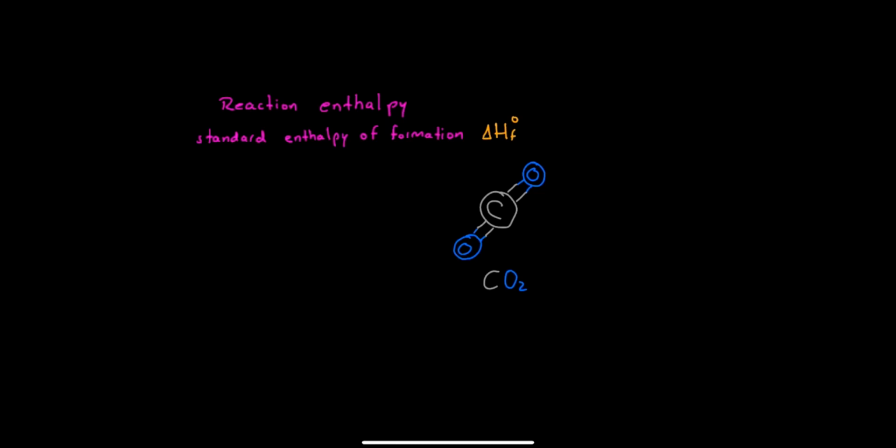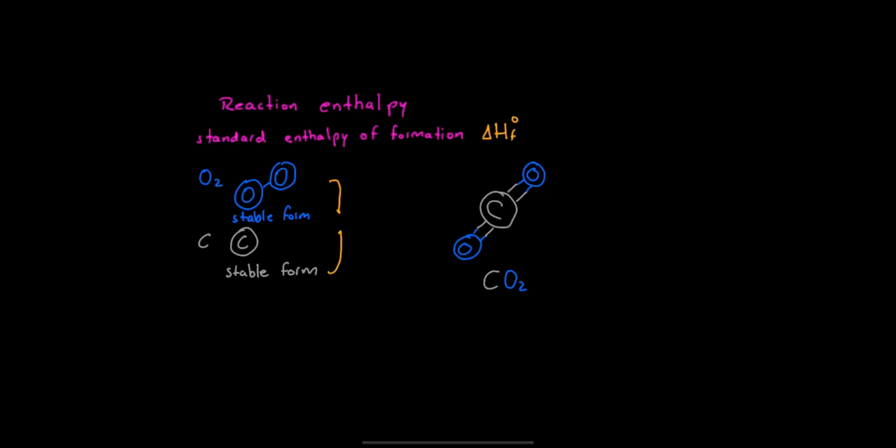To determine the standard enthalpy of formation for 1 mole of carbon dioxide, we would need to take a closer look at the elements of the substances in their stable form, which in this case are O2 and C. The standard enthalpy of formation tells us how much enthalpy is needed or released for the formation of 1 mole of carbon dioxide.